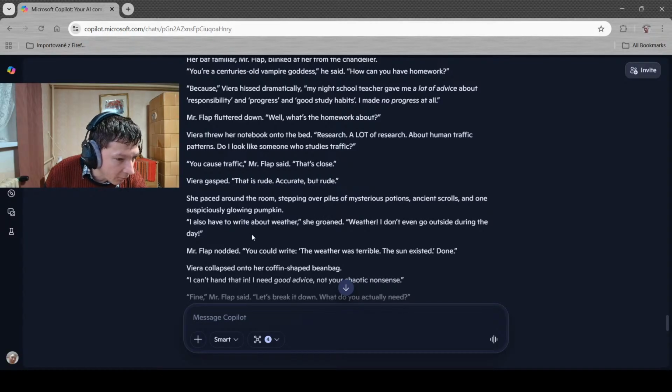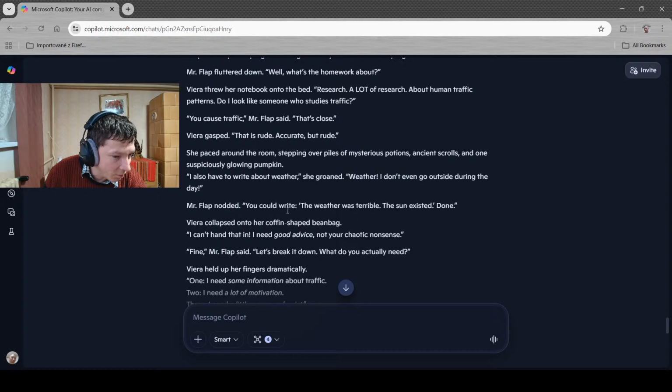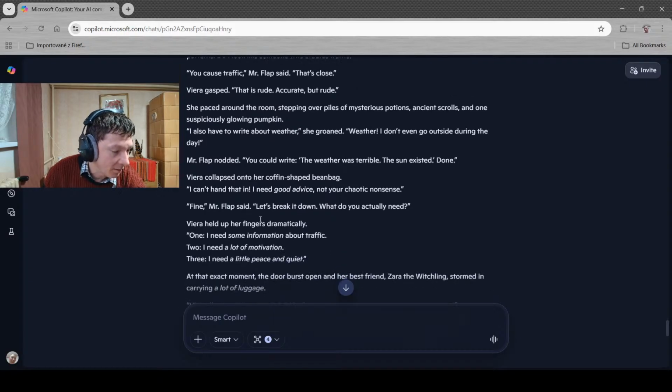"I also have to write about the weather," she groaned. "Weather! I don't even go outside during the day." Mr. Flap nodded. "You could write, the weather was terrible. The sun existed, done." Viera collapsed onto her coffin-shaped bean bag. "I can't hand that in. I need good advice, not your chaotic nonsense."